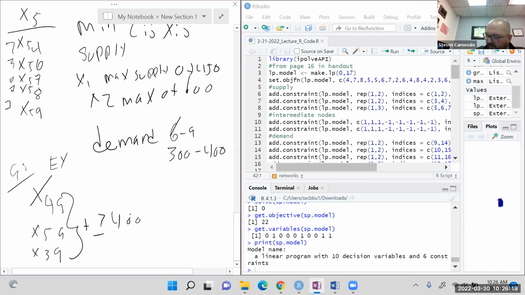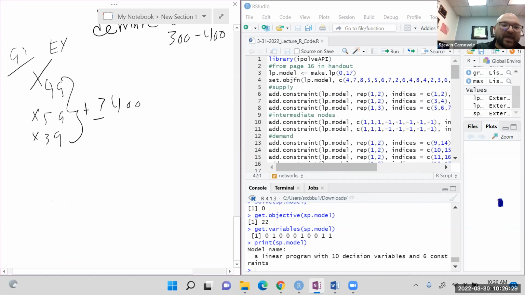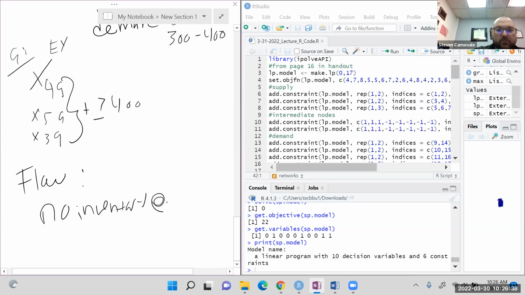So if you take a look, basically my demand here, the constraints are identical to what we've seen previously, except for the fact that you've got 3 nodes going into 9. And then of course I have my flow, which is saying that no inventory at X4 or X5, location 4 and location 5.